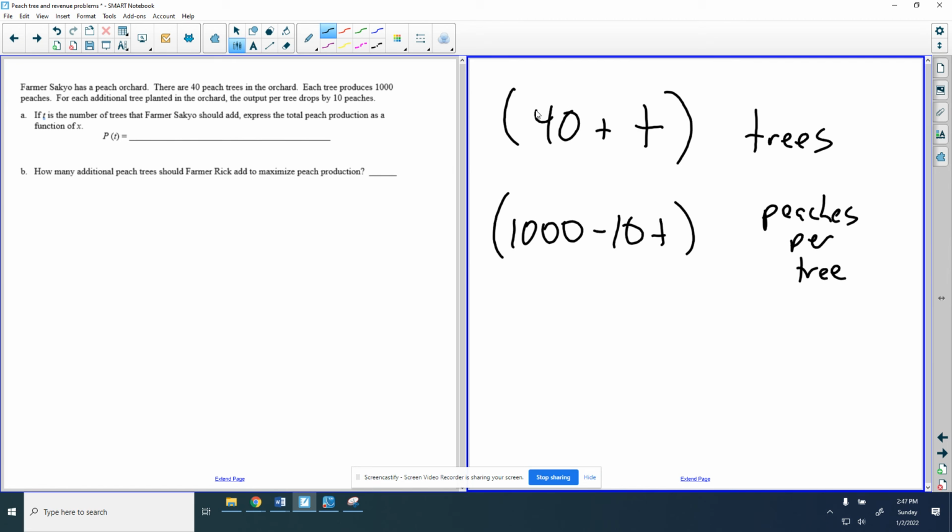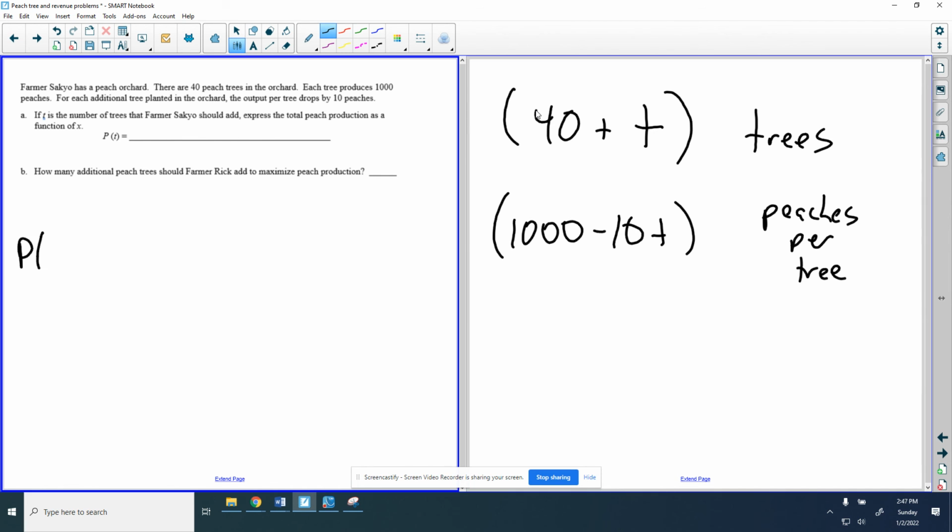So the number of peaches per tree is 1,000 minus 10T. And if I multiply those two together, that's going to tell me how many peaches he has. And so the number of peaches, based upon the number of trees planted, is going to be 40 plus T times 1,000 minus 10T.